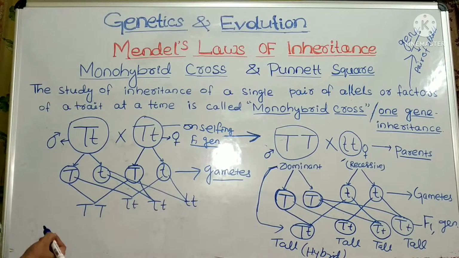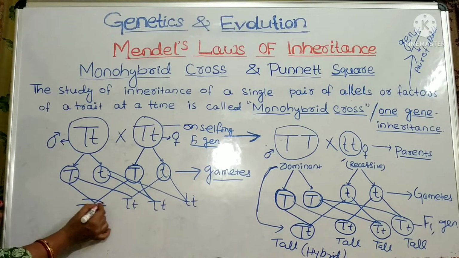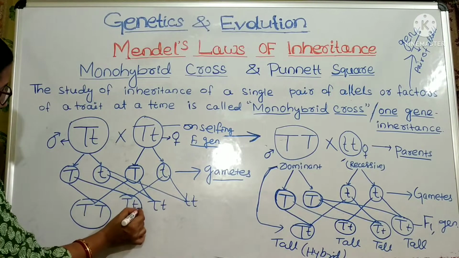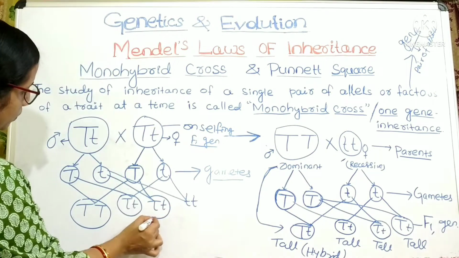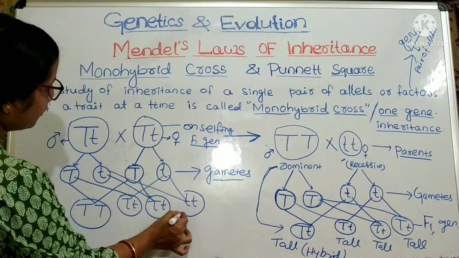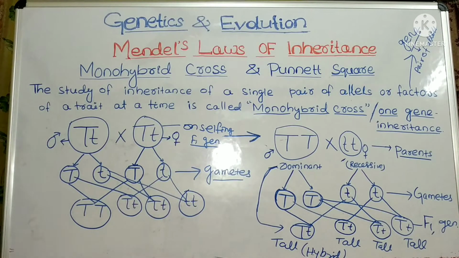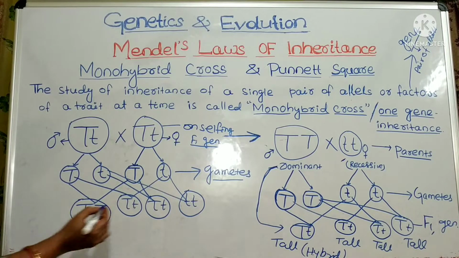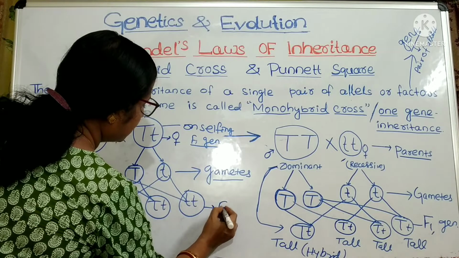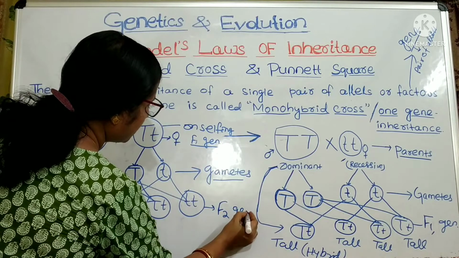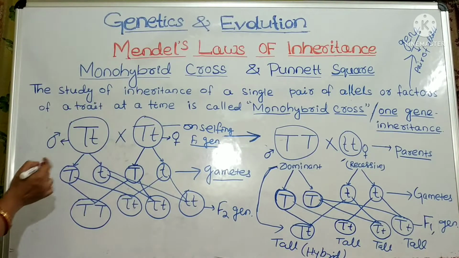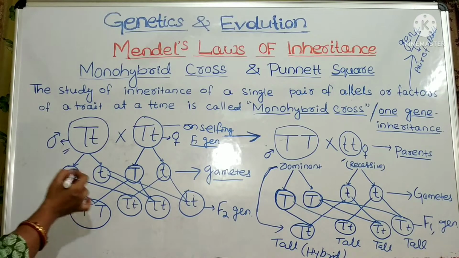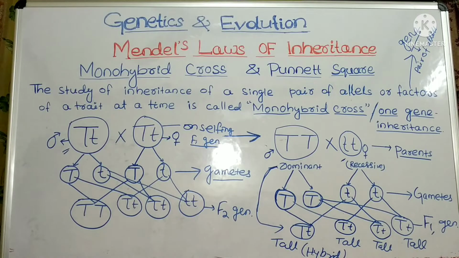Here we can get three different type of gene. This is the F2 generation. On selfing the F1 generation, we can get the F2 generation.